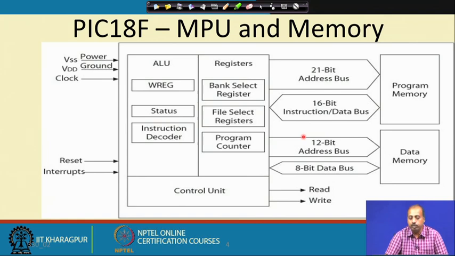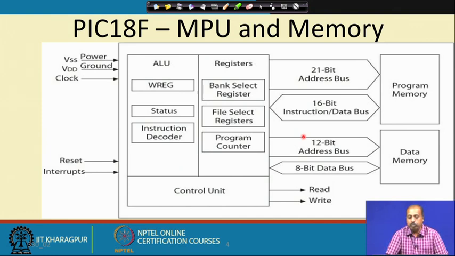Then there is a bank select register and file select registers. The bank select register is a single register that tells which register bank we are going to use, and the file select registers act as pointers for the selection of a register from the memory.